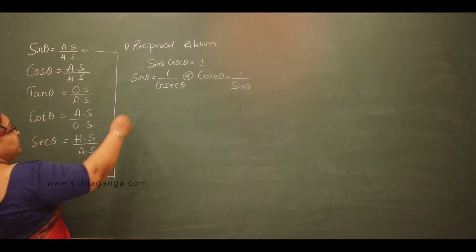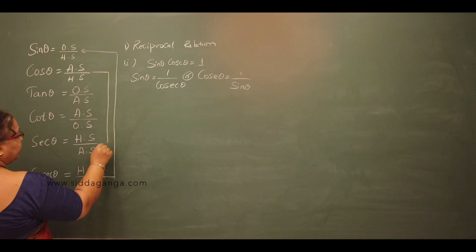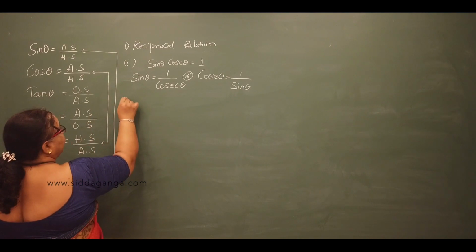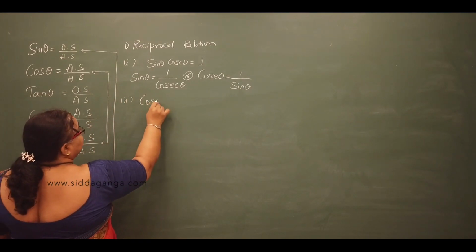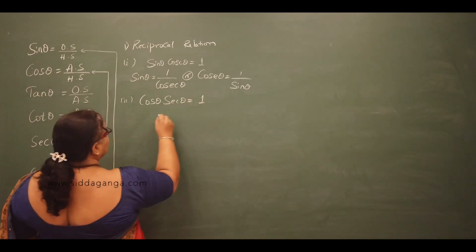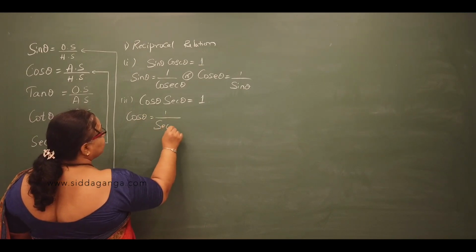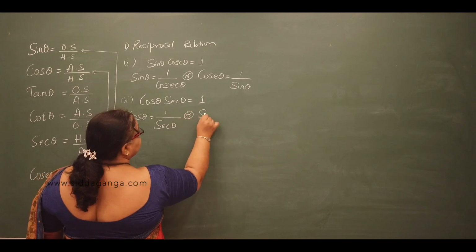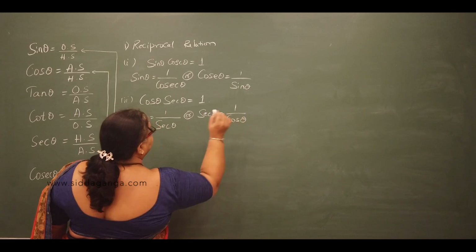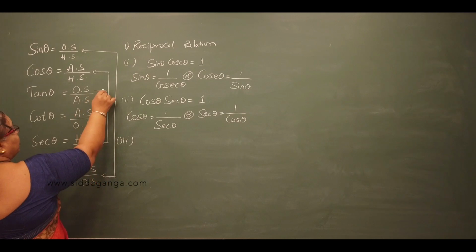The second one is cos theta and secant theta. These two are reciprocal to each other, and hence we have cos theta into secant theta equal to 1. Therefore cos theta equals 1 divided by secant theta, or secant theta equals 1 divided by cos theta. The third one is tan theta and cot theta.